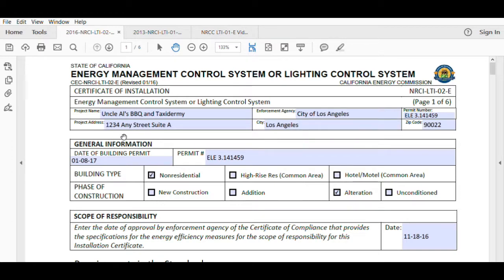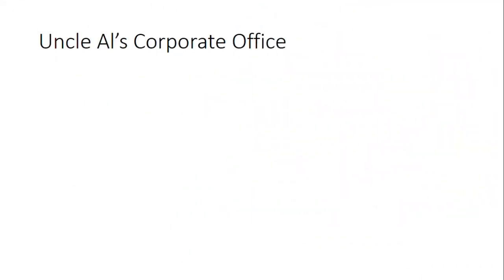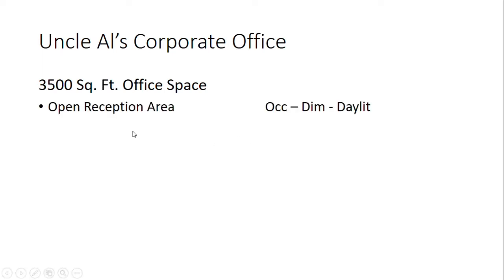Now, before we get into the general information, let's take a second to kind of draw a little scenario of what project we're actually working on. So we're going to imagine that Uncle Al's is a 3,500 square foot office space, and in that space we have an open reception area that contains an occupancy sensor, multi-level controls, also known as dimmers, and it also contains daylight harvesting.